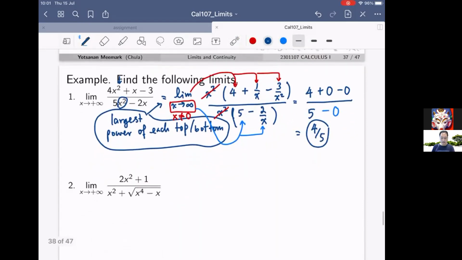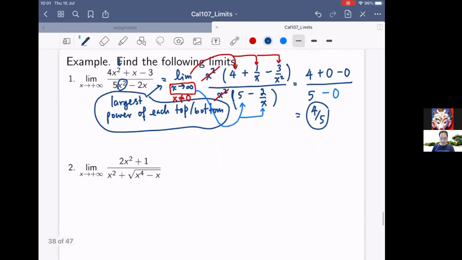Using this kind of technique, we are going to apply it to this problem as well, even though it doesn't only contain a polynomial, but also contains a square root. However, if it contains a square root, then you really need to be very careful. The thing you need to be careful about is that the square root of x squared is the absolute value of x.